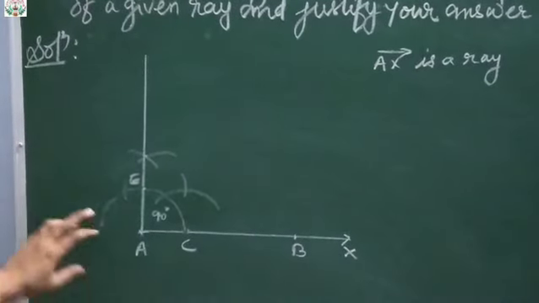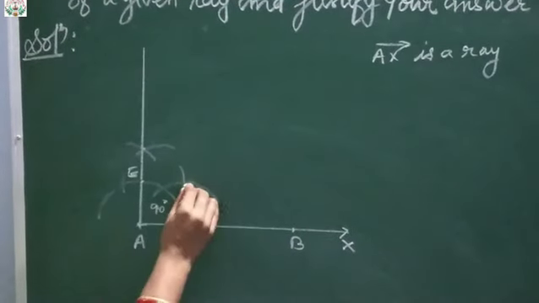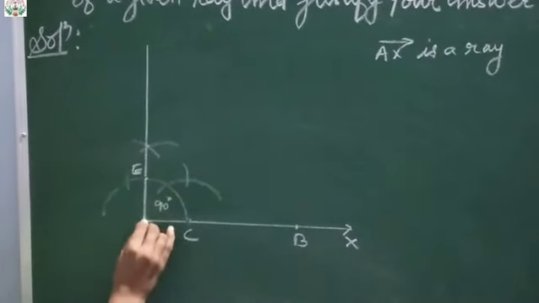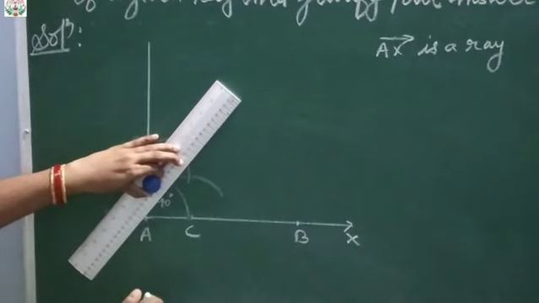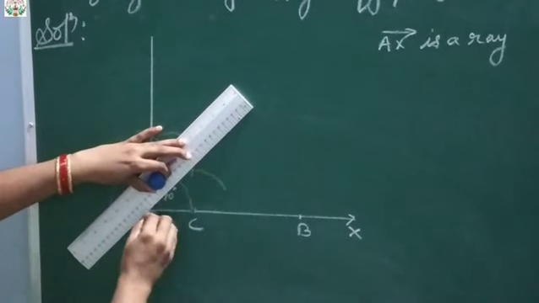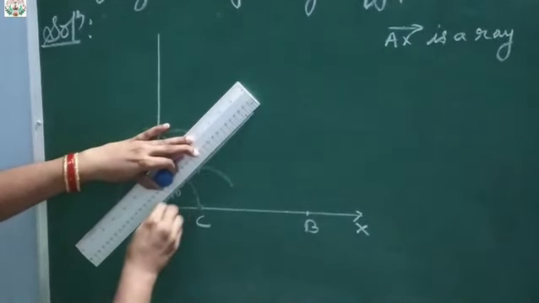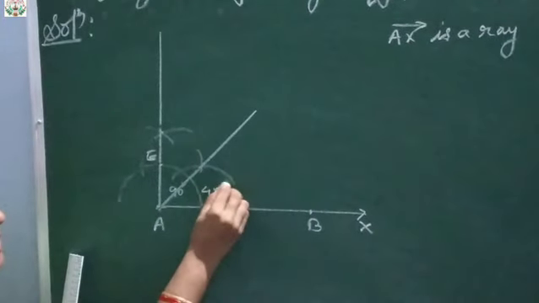Okay. So now wherever this intersection takes place, this intersection and this A, join it. Join like this. Okay. And join with the center initial point A like this. So this is your 45 degree.